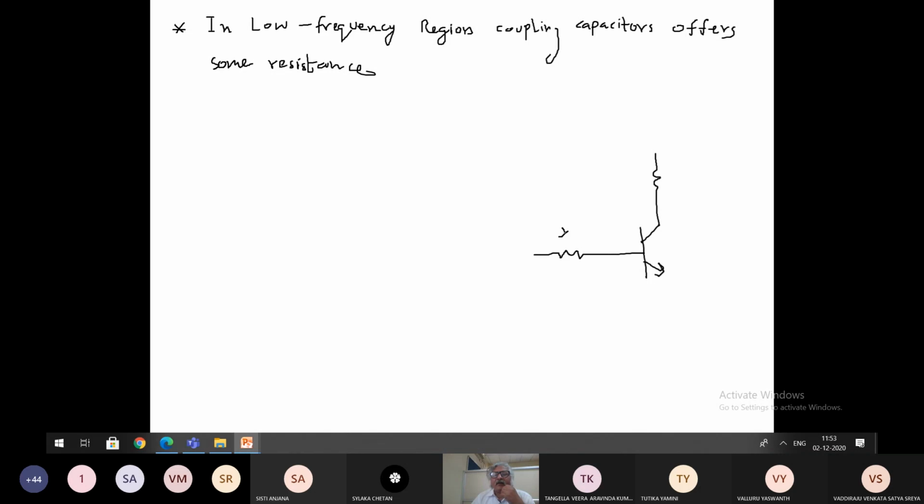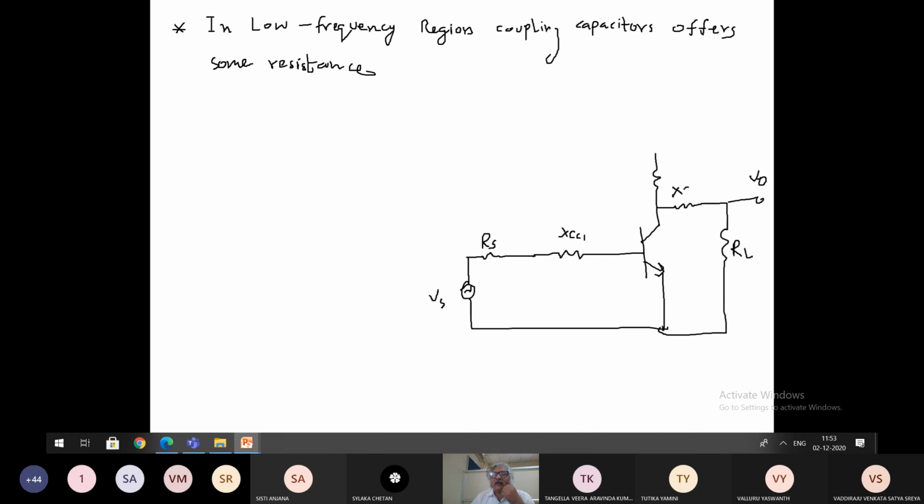It is XCC1 due to coupling capacitor 1. This is the source internal resistance. This is the voltage source which we want to amplify. Here we have RL. Here we take V out, and this is the capacitive reactance offered due to CC2. You will get this type of circuit.